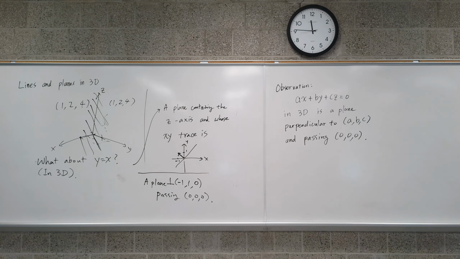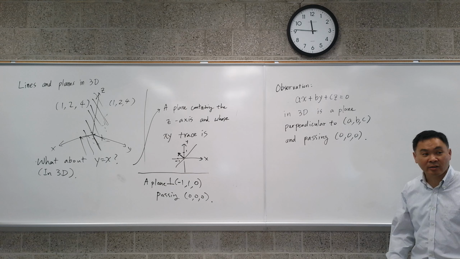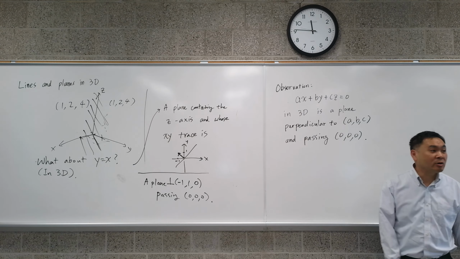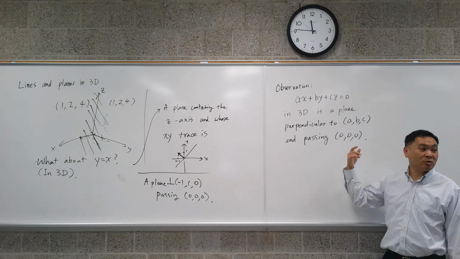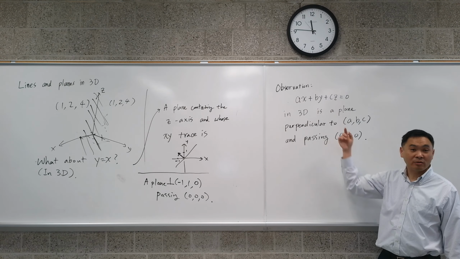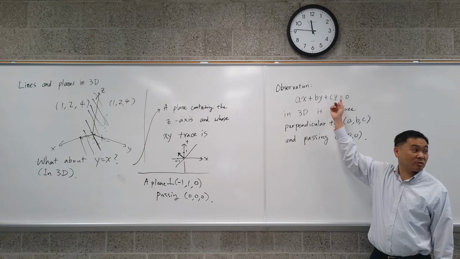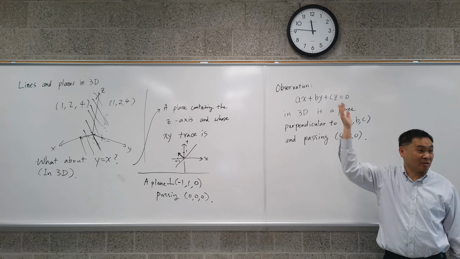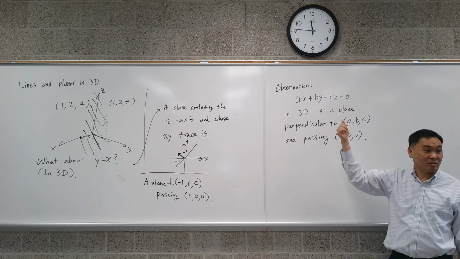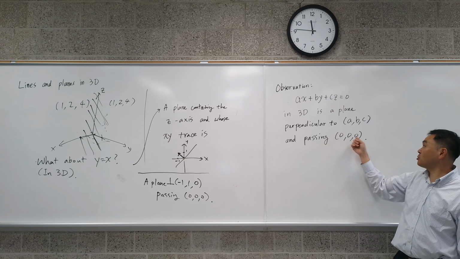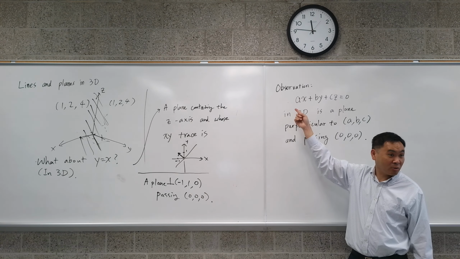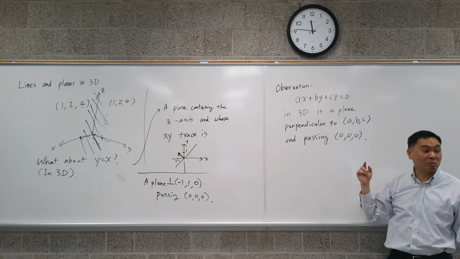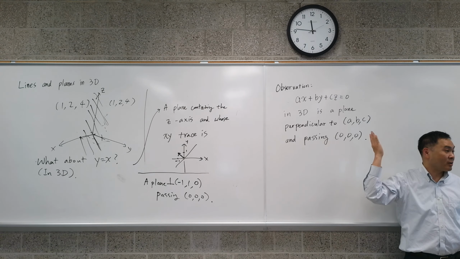Okay. Let me try to explain why this is the case. The easier one is to see that it passes through 0, 0, 0. How do you know that any point is on the graph? You just plug it in, and if the equal sign works, then that's a point on the graph, right? So if you plug in 0, 0, 0, you do get 0, and 0 is indeed equal to 0, so 0, 0, 0 is a point on the graph.